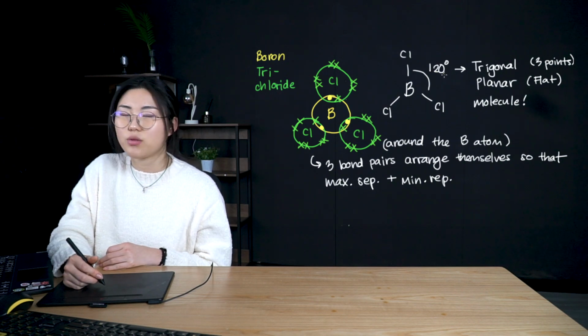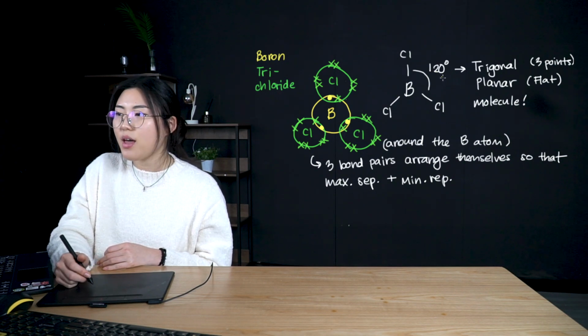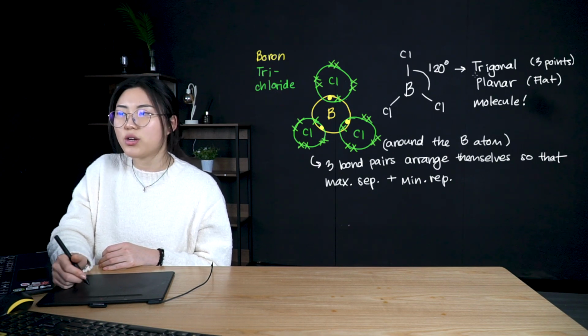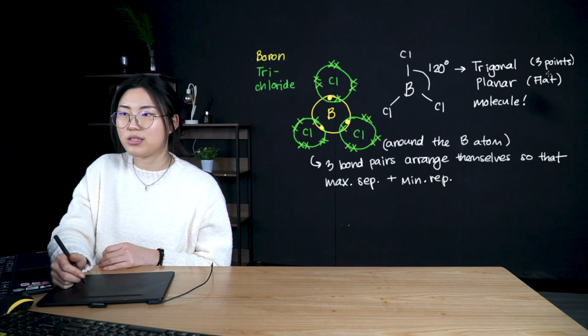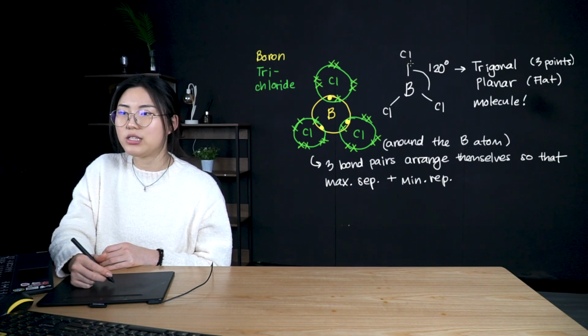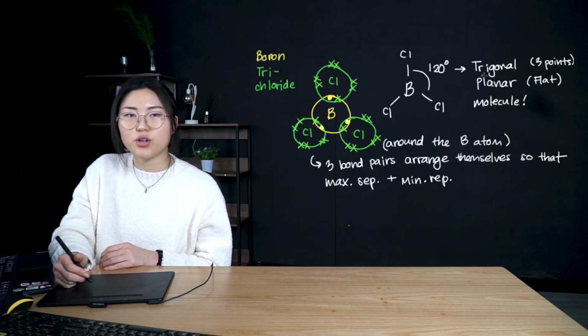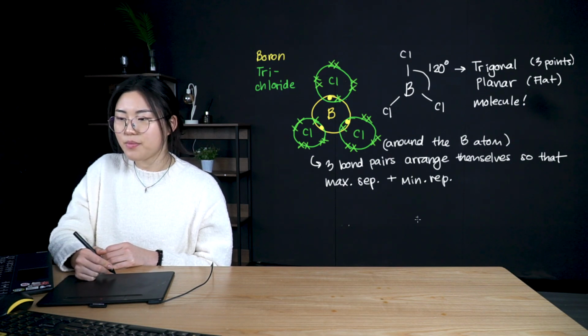You just divide 360 by 3. This is a planar molecule because it's flat, and it's called trigonal because it has 3 points. As you can see, we have 3 points, the chlorines. So that name, trigonal planar, makes sense.